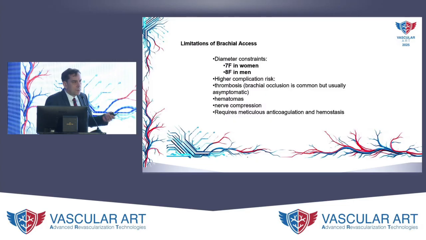And if you use, for example, covered stents in the iliac region, we need 7 French. It's common, usually asymptomatic, but if we have no flow, we decide to reintervene, make an operation and thrombectomy. Of course, there are hematomas and nerve compression. It's not recommended to use closure devices in this artery, so we mostly use compression. Sometimes, if the diameter is okay, we use Proglide to close it.